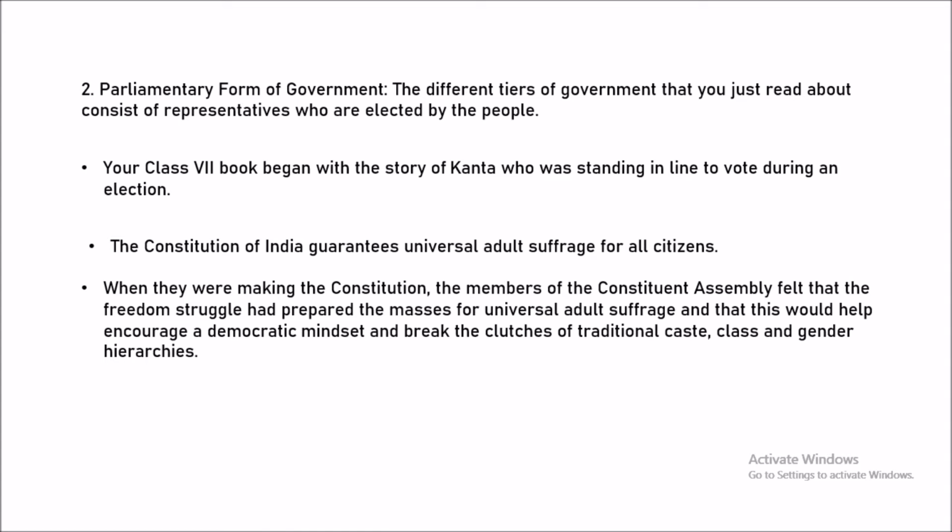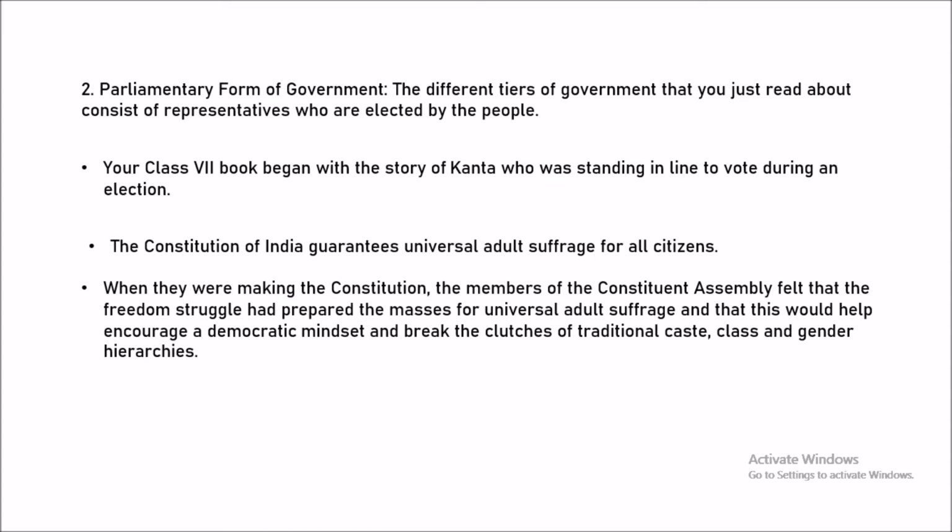There is also a provision for all the Indians, irrespective of their caste, color, creed, region, religion, male or female, to contest in the elections for any of the bodies. In certain areas like the local bodies, the state assembly or the parliament, certain seats are reserved for women, and certain seats are reserved for SC, ST and backward classes to give representation for them.